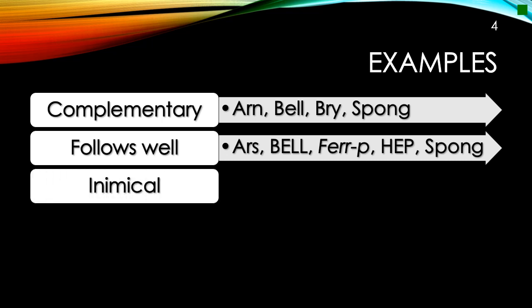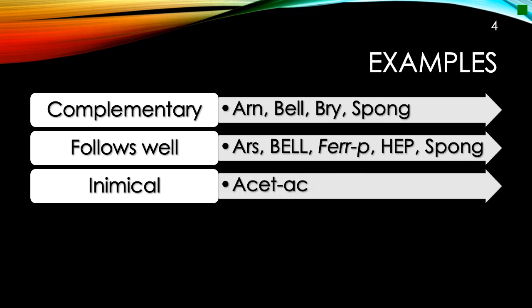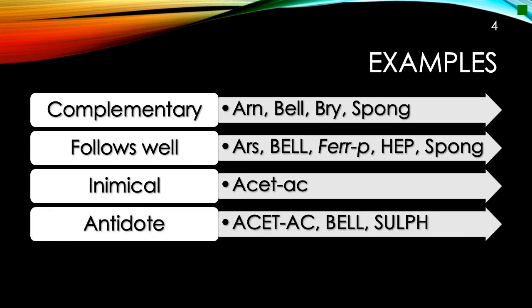Some examples of remedies which are inimical to Aconite. Here we have acetic acid, one example. Antidote, acetic acid in bold, belladonna and sulfur. In other words, if a person has been given Aconite and it has created certain symptoms of the remedy which are unsuitable, then belladonna or sulfur or acetic acid, depending on the complete picture, might be used to antidote those effects while retaining the good effects of the remedy.